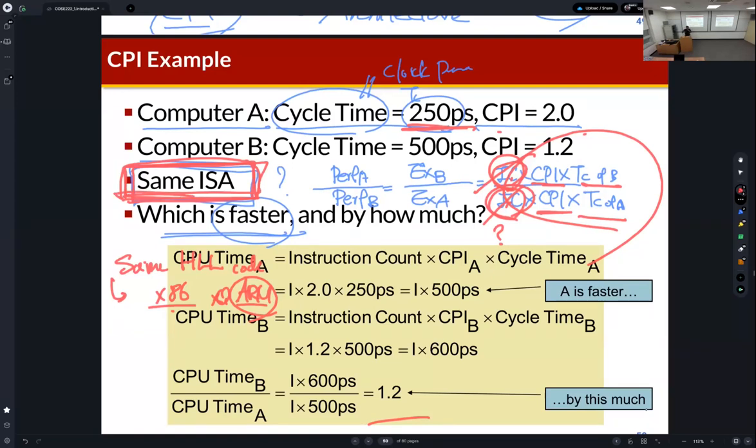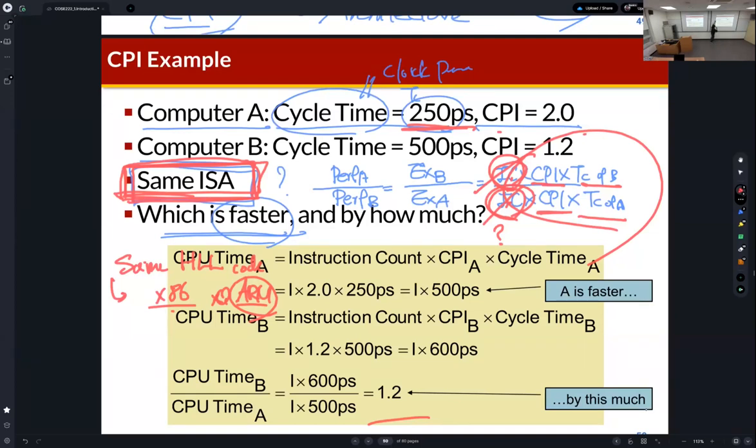Sometimes we may make a mistake by not considering the same item. In order to calculate the entire CPU time, all three factors are required: instruction count, CPI, and clock period. But in this example, I mentioned the same item, so it means the instruction count is the same.